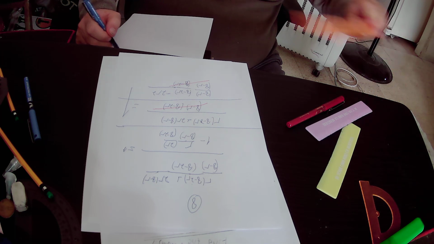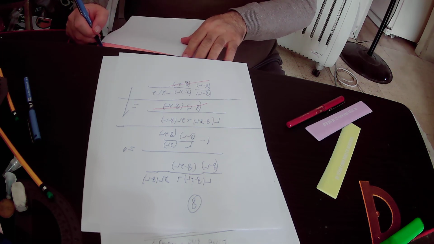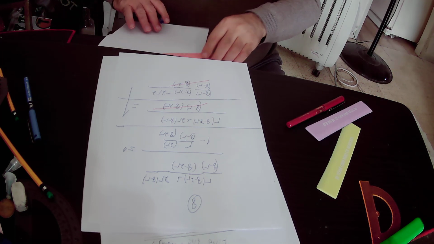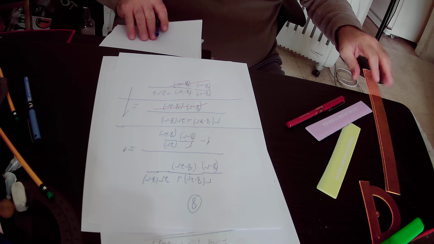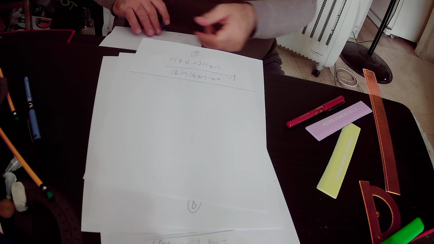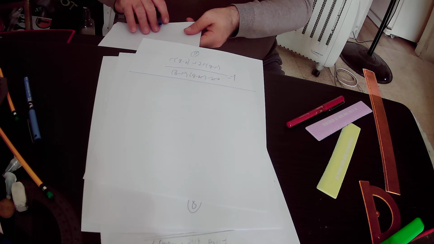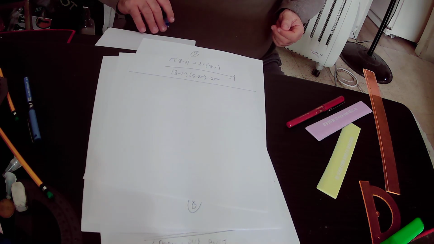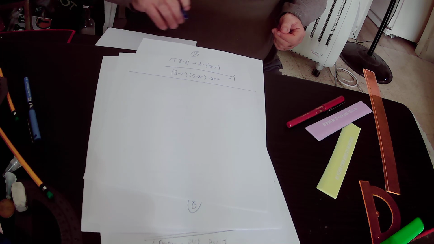So actually this is the expression that is left after we cancelled 8 minus r times 8 minus 2r. Okay, we left only with this expression.